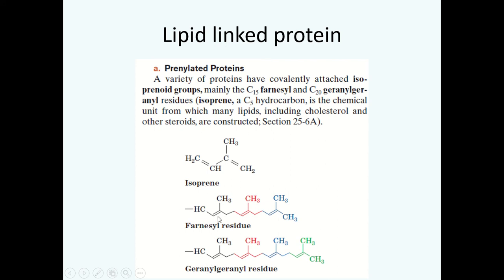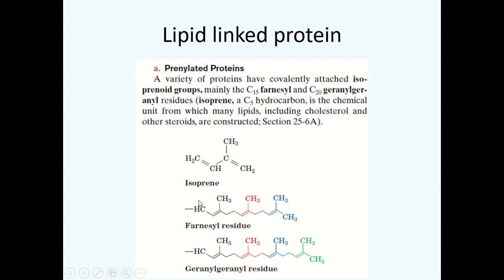For example, 3 isoprenes attached to each other form a farnesyl residue. This farnesyl portion is then attached to the protein. This is a 20 carbon residue which contains 4 isoprene units. This is called a geranylgeranyl residue, and this is in turn linked to the protein.